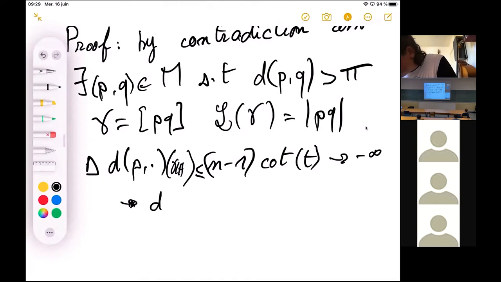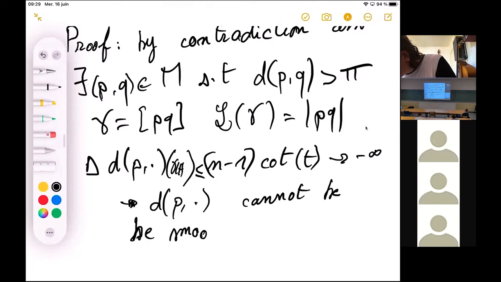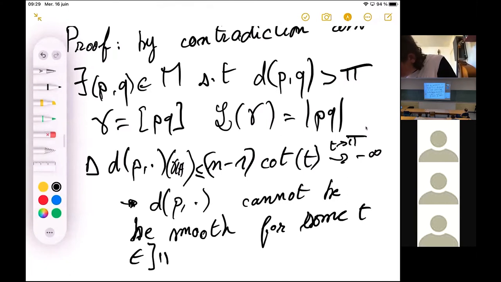So d cannot be smooth for some t inside, so this goes to minus infinity as t goes to pi, between pi and the distance between p and q, which was supposed to be greater than pi.